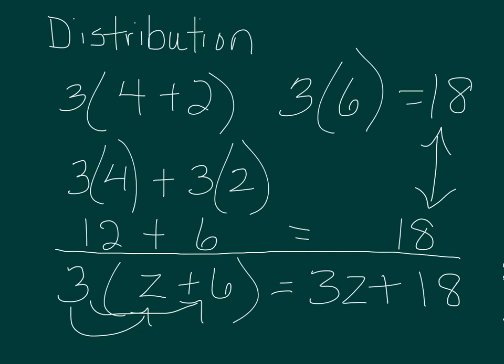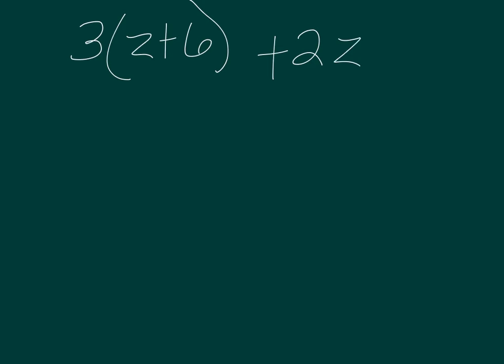So let's go on and combine this with like terms. This time our expression is going to be 3 times z plus 6, plus 2z minus 5. Well, notice we've got z and z.